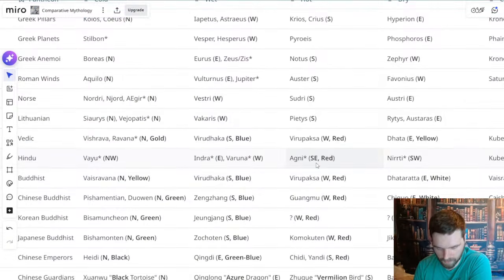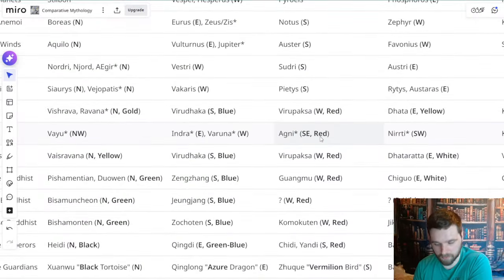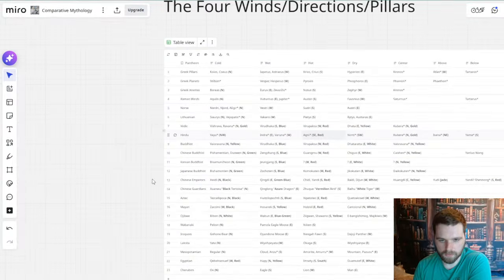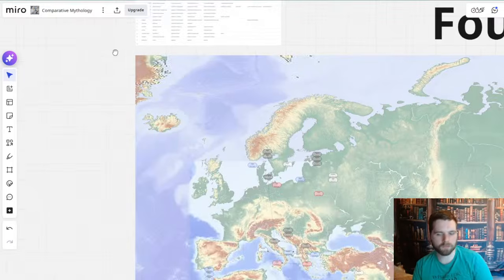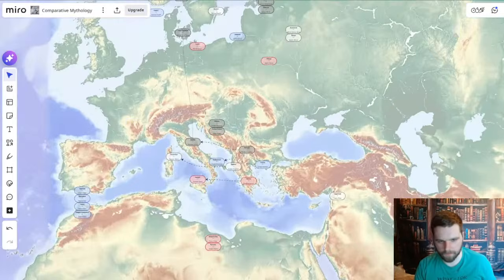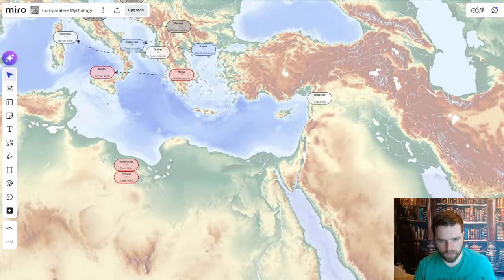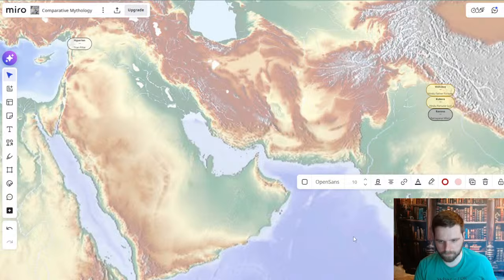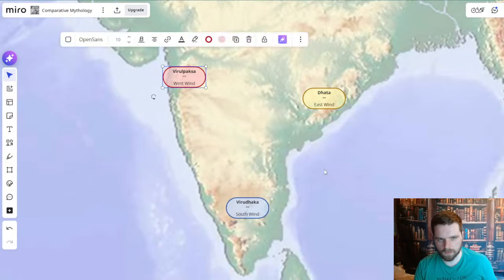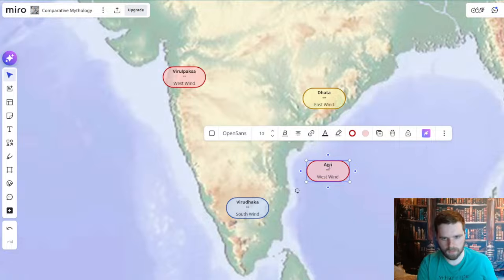Strongest one, I'm quite certain actually, is Agni. He's associated with the southeast in that system. But since we're not doing a southeast specifically in our system here, I mean, I could. There's nothing stopping me from doing it. I might as well. Southeast is both south and east in a sense, I guess. No, I might as well just take this one. Southeast, oddly enough, is way over here. Agni.